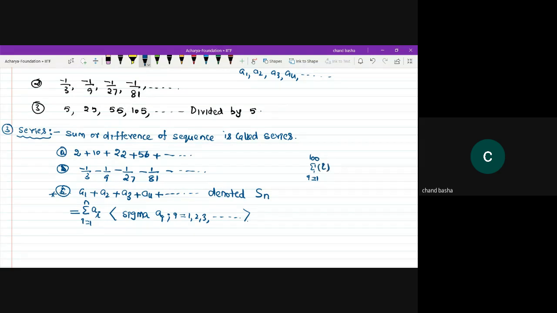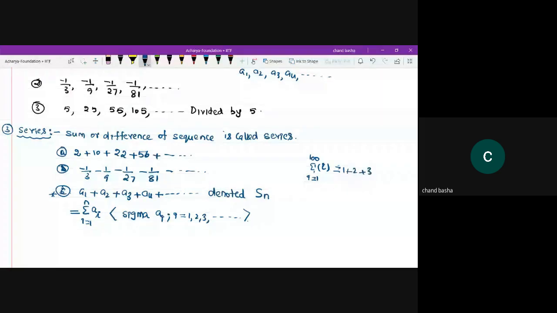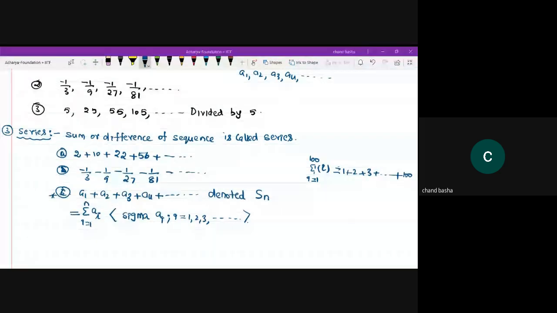Instead of writing the right side value, 1 plus 2 plus 3 plus and so on plus 100, you can write the left hand side notation, summation or sigma I. What is meant by I? The I value is 1, 2, 3, from 1 to 100. What is meant by this summation or sigma is that it adds the given numbers. Clear?